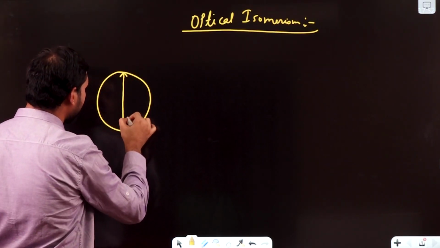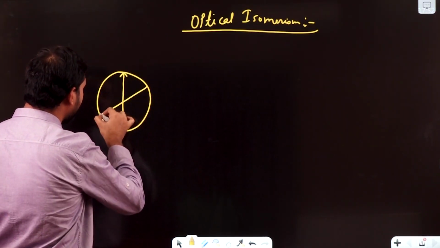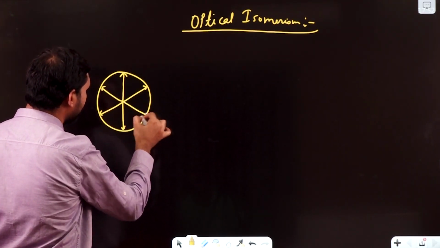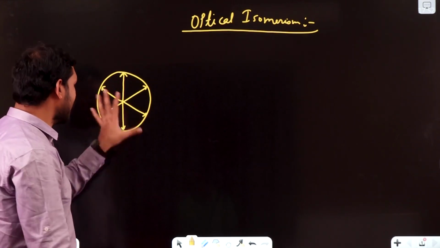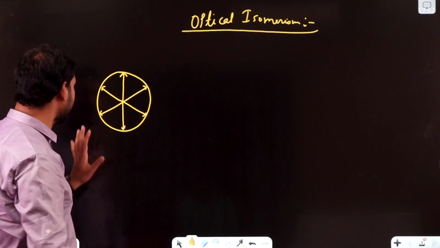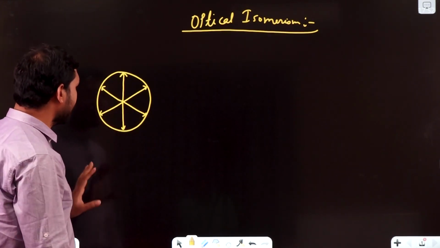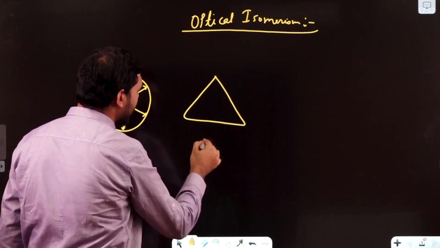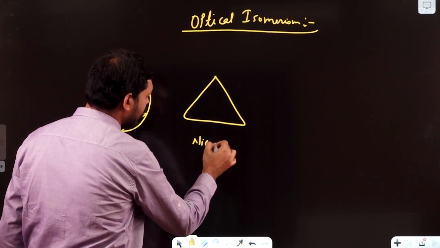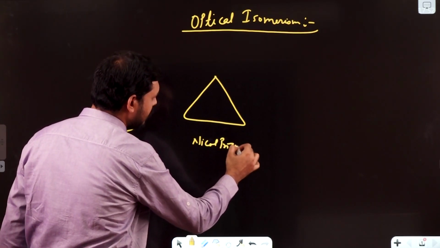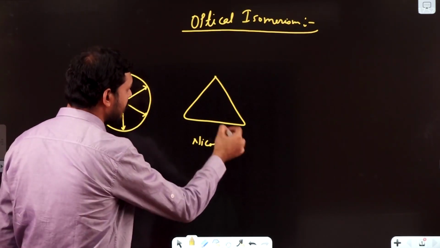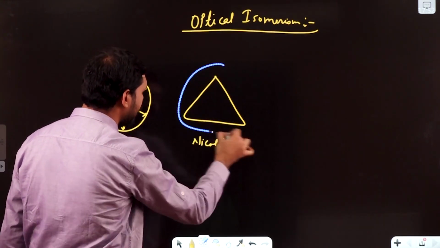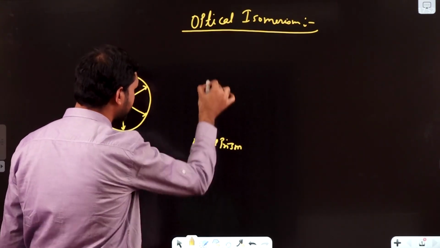Suppose light rays are moving in various planes; for simple representation I am showing them with these lines. If I use a polarizer, this is simply your Nicol prism, sometimes represented like this, or many times simply shown in this form.